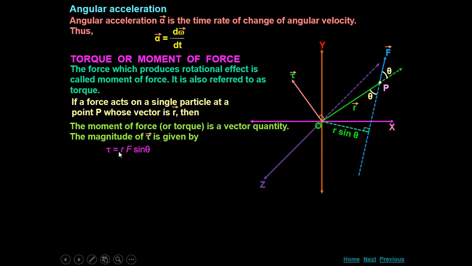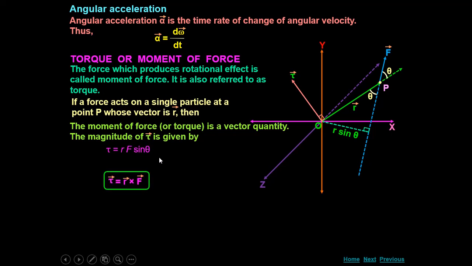Magnitude of force is F, perpendicular distance is r sin theta. If you multiply r sin theta and F, you get the moment of force. So tau, the moment of force, is nothing but torque: tau equals r F sin theta. This is how we should write the expression for torque.